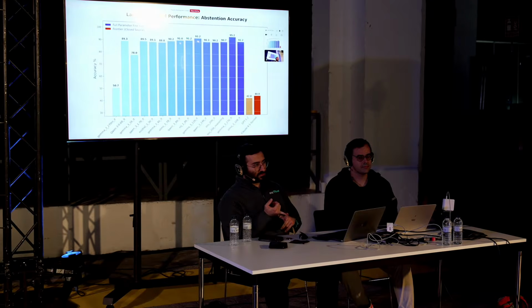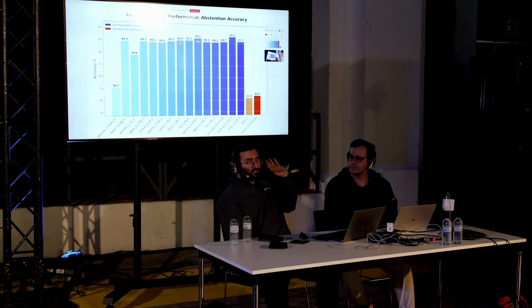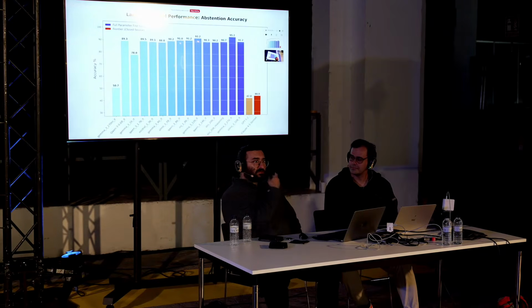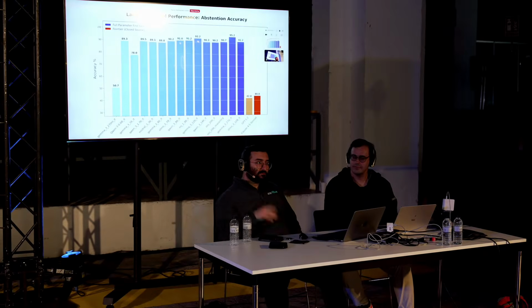All the models are open source, all the weights are on Hugging Face, the data we use is open source, and the code that we use to train these models is open source. So assuming you get some GPU from TensorWave, you can run the same code on the same data and train the same model yourself. You don't really need us.